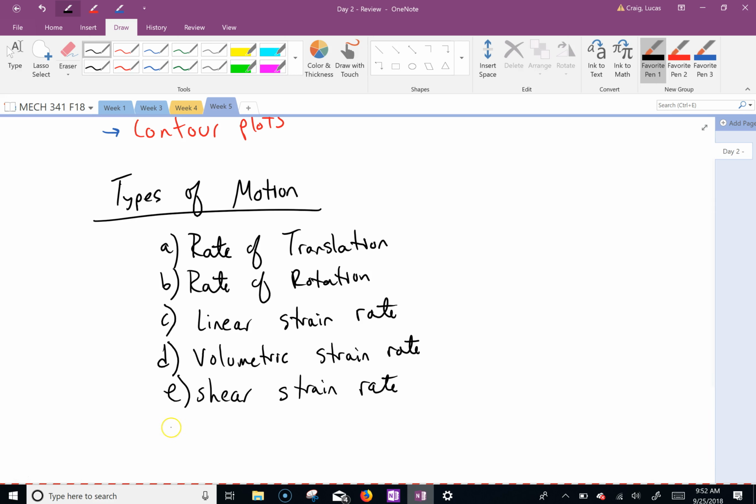Oh, and we'll do one more, vorticity. And if this vorticity is 0, then there's no rotation.